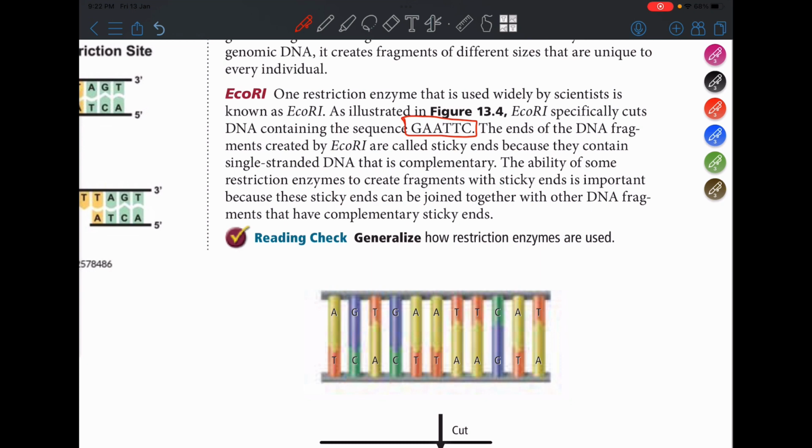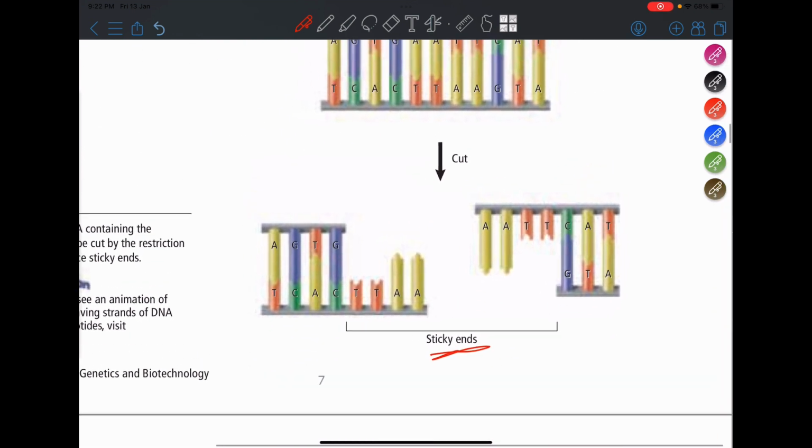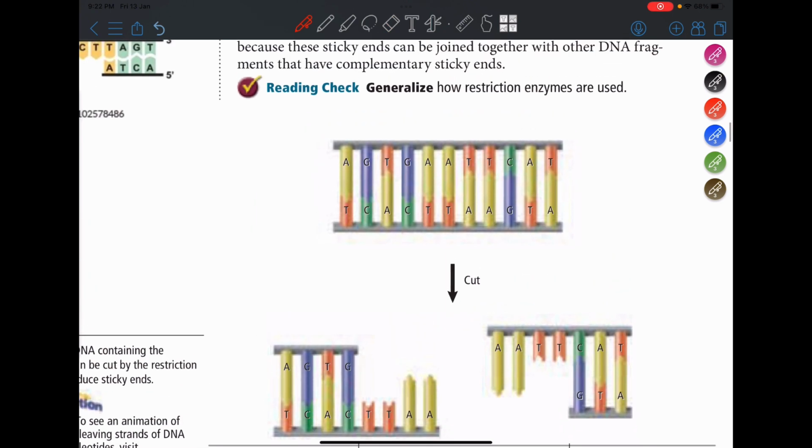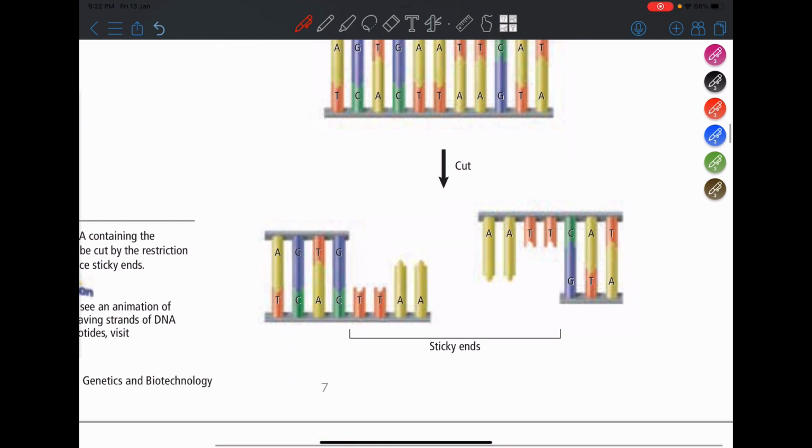They contain single-stranded DNA that is complementary, because as you can see here, this DNA was just happily living its life, and then ECO came and cut them in half, and now these parts are complementary to here. So A is complementary to T, T with A, and so on. And so they're like, but we want to be together.